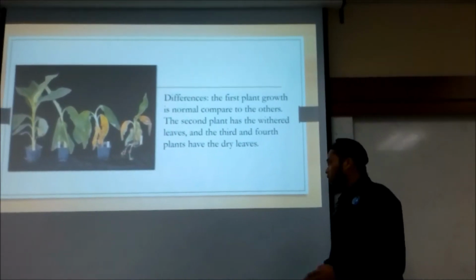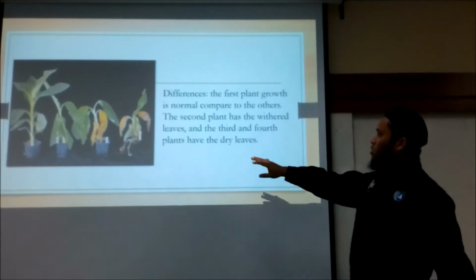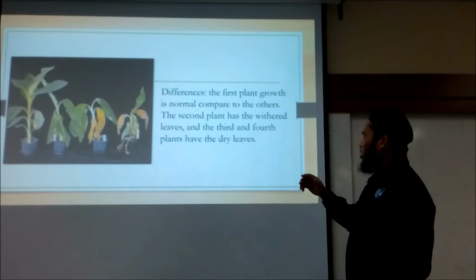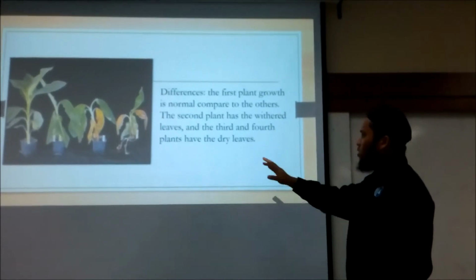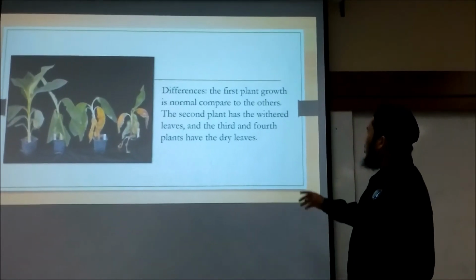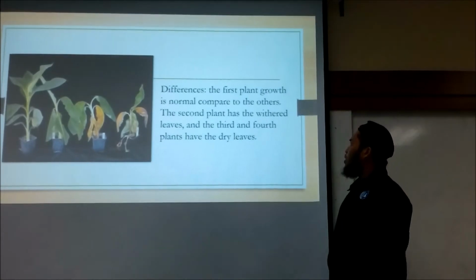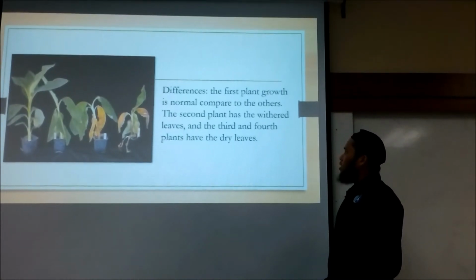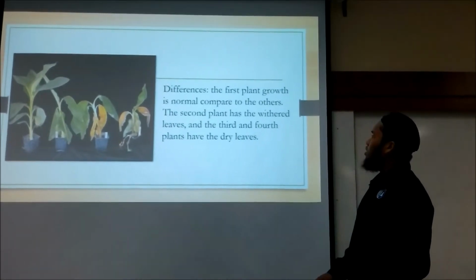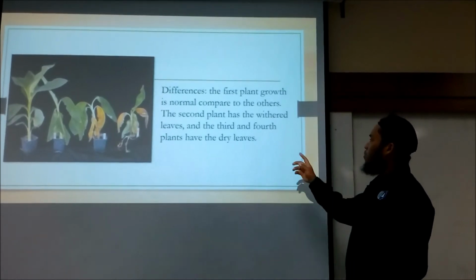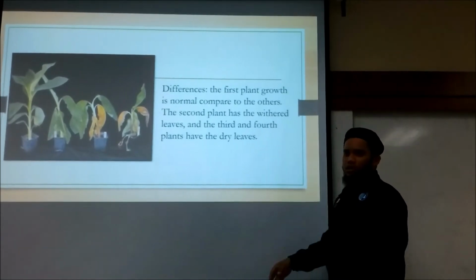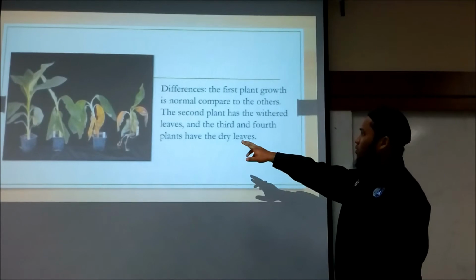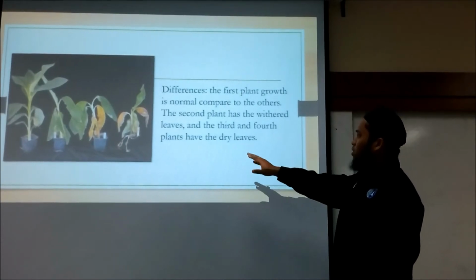Next, the next picture is the banana plants, where the difference between the four plants is that the first plant grows normally compared to the others. The second plant has withered leaves, and the third and fourth plants have dry leaves. We can see the third and fourth plants have the same condition.